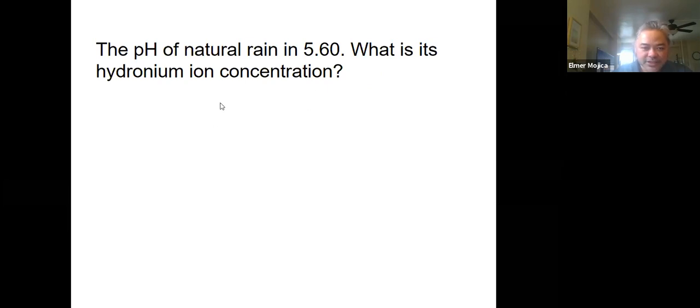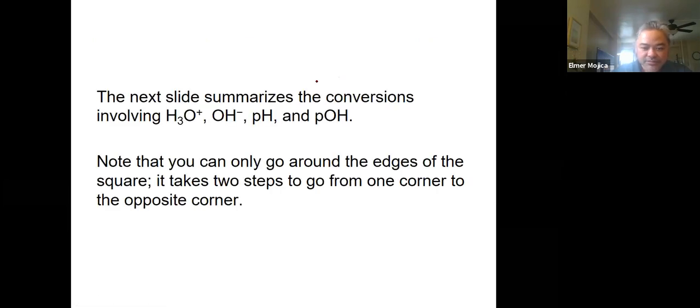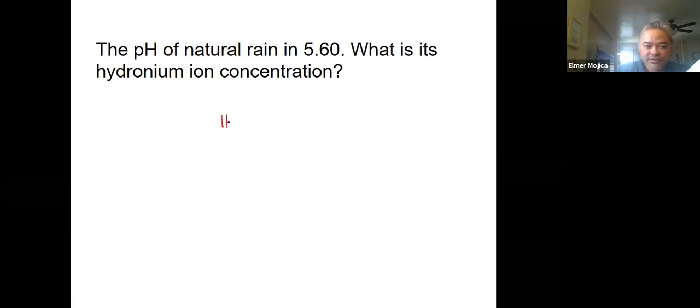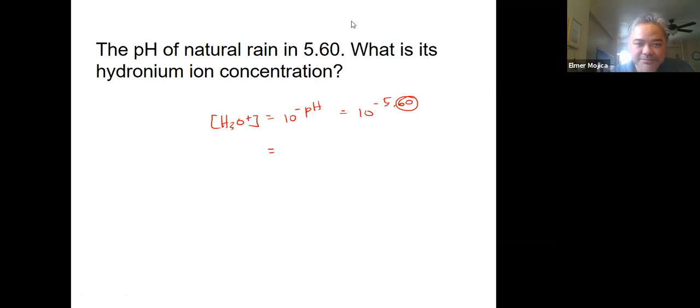If we're going to write it, it will just be H3O plus equals 10 raised to the negative pH, which is 10 raised to the negative 5.60. So you have 2 significant figures here. So that is equal to what? I think you were able to answer the question. 2.5 times 10 to the negative 6.